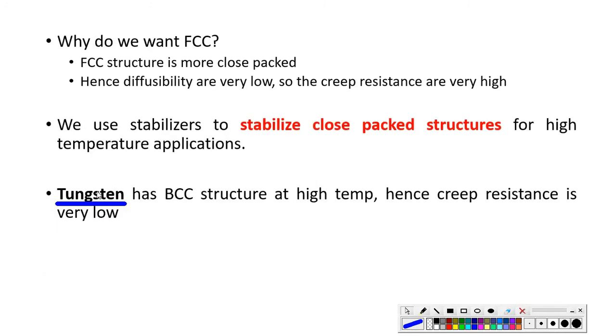The answer is this: tungsten has a BCC crystal structure at a high temperature, so the creep resistance will be very low for tungsten. Even though the melting point is very high for tungsten, its strength close to the melting point is very low. So that is why we are not using tungsten for making superalloys.